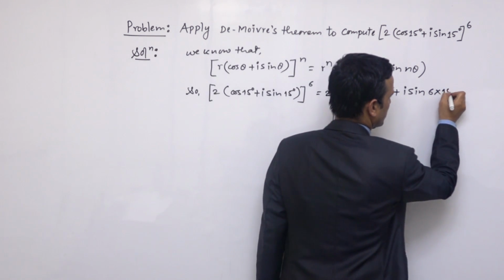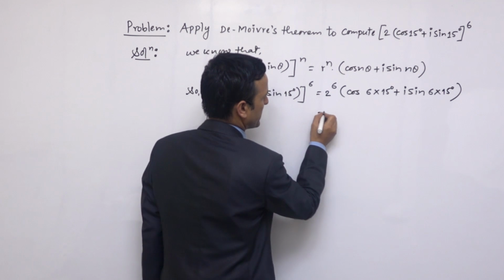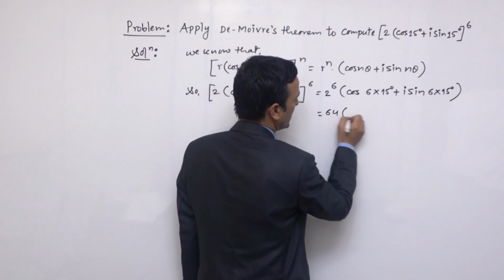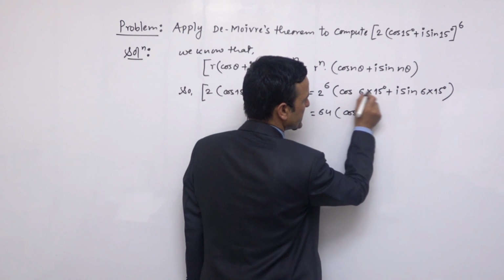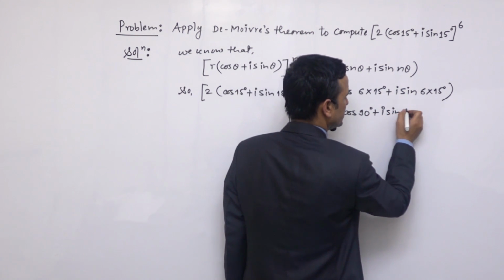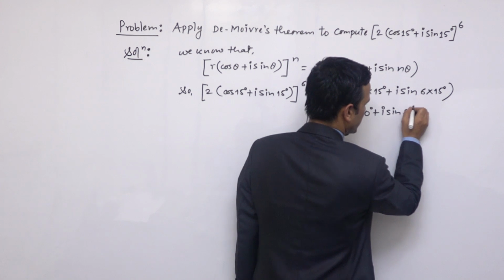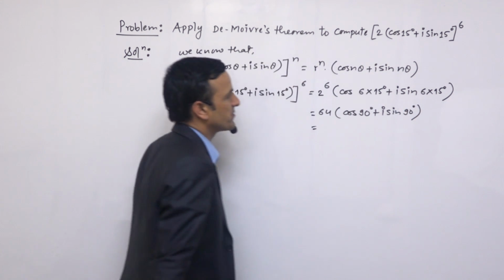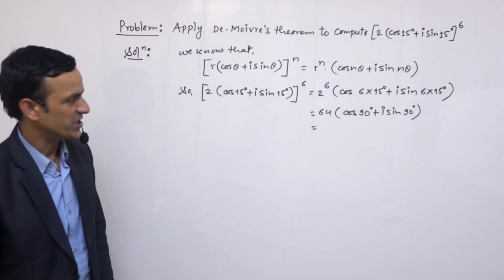So write down 15. So if you multiply this one, 2 power 6 means 64 and cos 6 times 15 is 90, plus i sine 6 times 15 is 90. So this is the expression obtained from de Moivre's theorem.